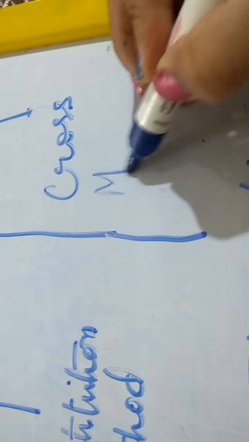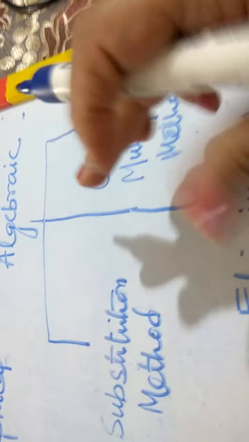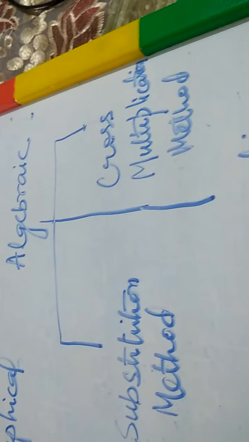The third method is the cross multiplication method. Now in cross multiplication method, we write both the equations one below the other in standard form.